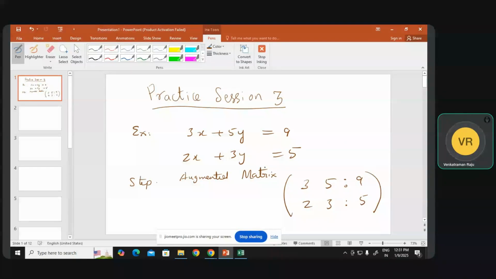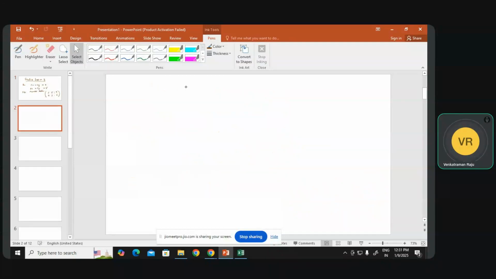So I said that in plain Gauss elimination, you just have an upper triangular matrix, but here we need to make it an identity matrix. So first, let's keep that matrix here. Now I need to make this 1.